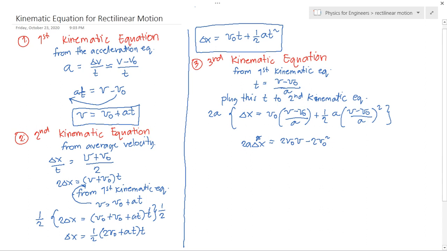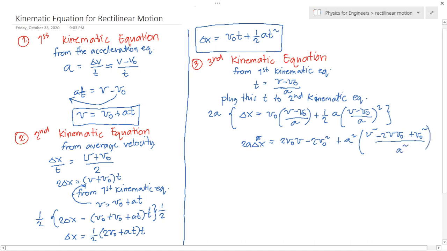Then plus, since 2 times 1/2 is 1, and then a times a squared, then squared pa din yung bottom, so makakancel na class, diba? So a squared times v squared minus 2v v naught plus v naught squared all over a squared.